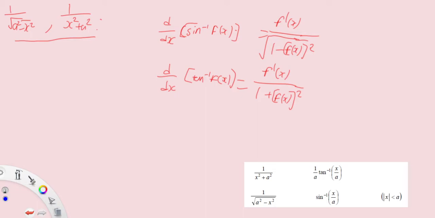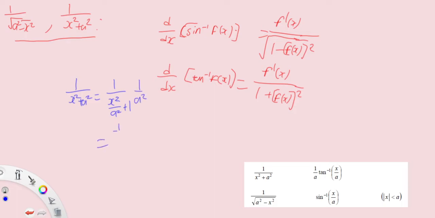Well, the proof is kind of similar, right? What I do is, I get 1 over x squared plus a squared. It will become 1 over a squared times x squared over a squared plus 1, so I factorize out 1 over a squared.